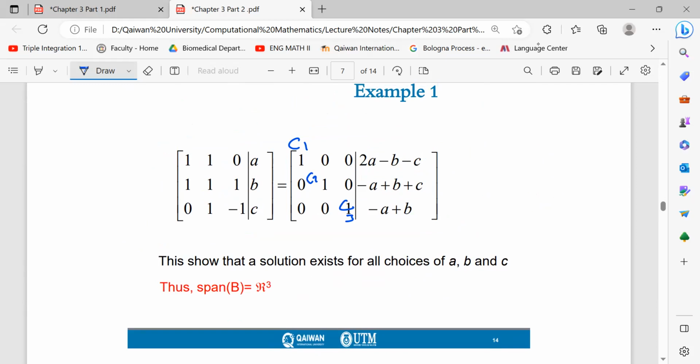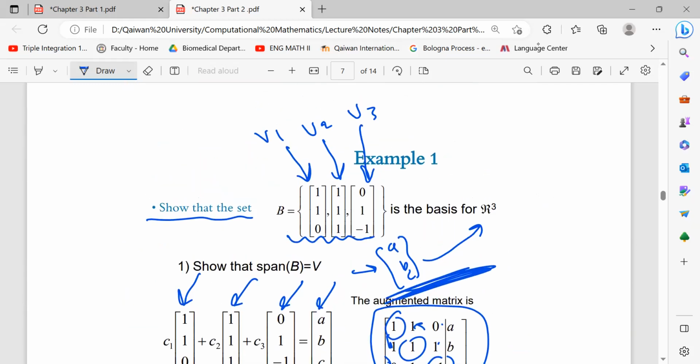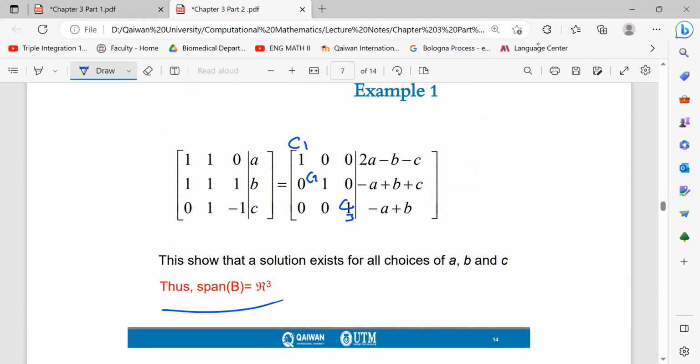That means the vectors V1, V2, V3 span R3. Thus, the three vectors span R3, or span B is R3. It's the first condition. We have another condition to show that those three vectors are a basis for R3 or not.